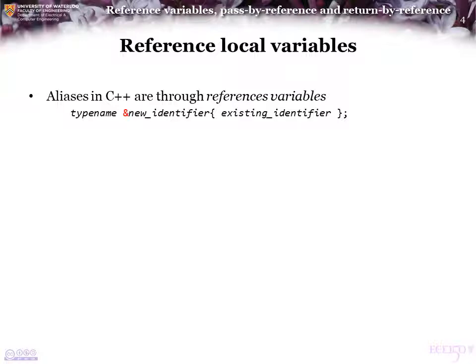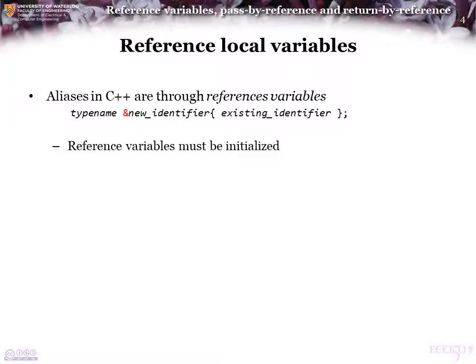Now, aliases in C++ are done through reference variables. So a new identifier of a given type can be declared to be a reference variable if it is prefixed with an ampersand. The reference variable must be initialized with an existing identifier or something else that can be assigned to.